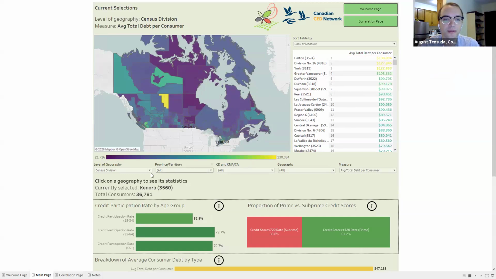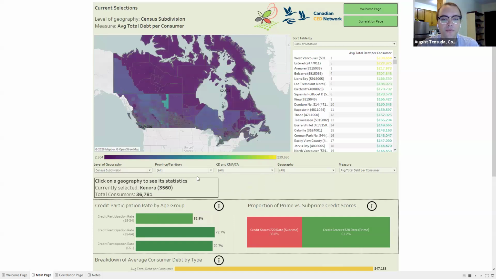You're left with a few different filters here to go through the different levels of geography as well as drill down into specific geographies. So let's say I'm interested in my geography of interest, which would be Guelph. That's where I live. So I'd go into census subdivision because I want to get the census subdivision of Guelph.